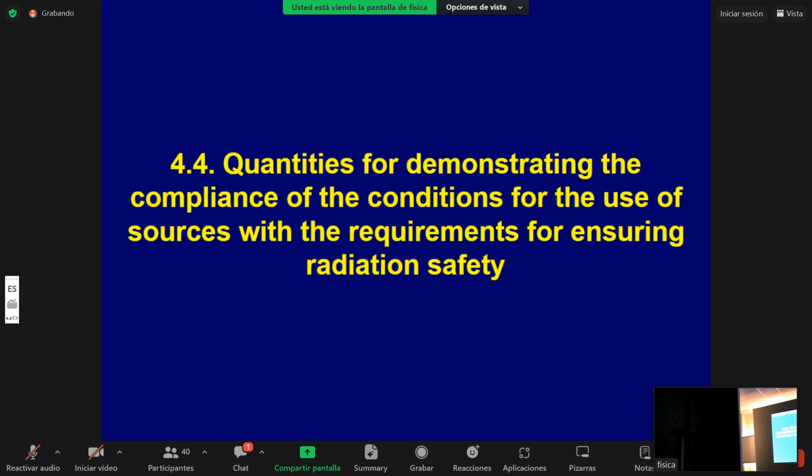This section will discuss the dosimetric quantities used to demonstrate compliance with radiation safety requirements, such as ambient dose equivalent for monitoring the radiation field in order to evaluate the effective dose or other values of radiological protection.